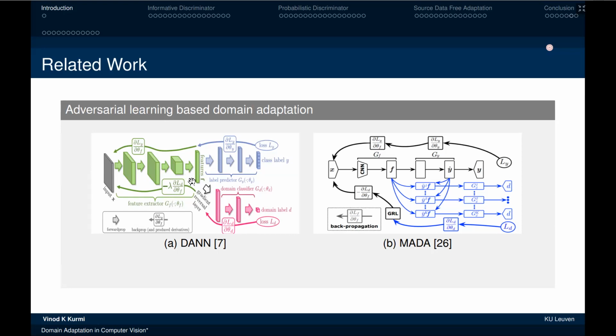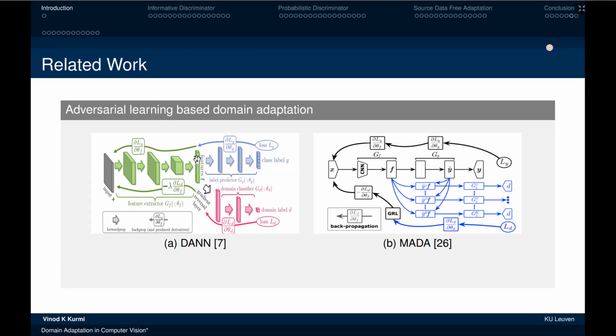But we want the features to be domain invariant. So we will use the negative sign of the gradient to update the parameters of the feature extractor. What's happening here is the feature extractor will try to make domain invariant features. The domain classifier will try to separate them, and based on the feedback, the gradient, the feature extractor will learn what domain information the domain classifier is using, and it will try to suppress it.